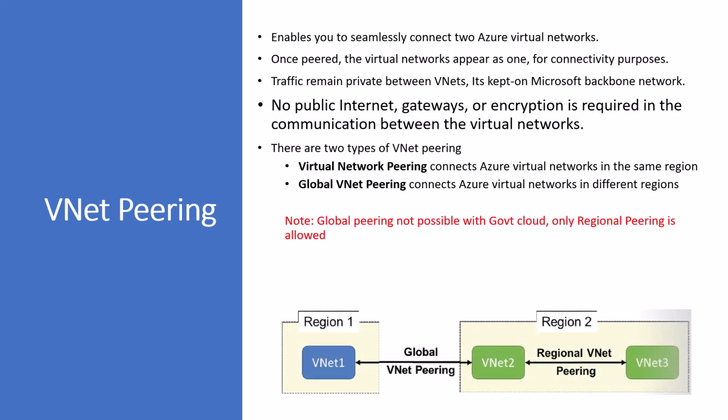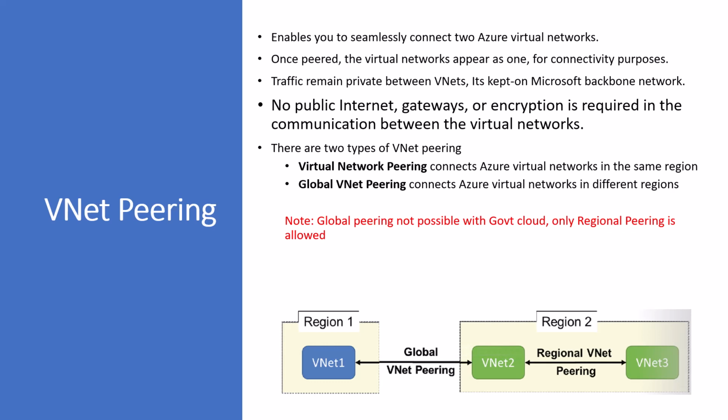One thing you need to remember is that global peering is not possible with a government cloud. Only regional peering is allowed. Other than the public cloud which we normally use, there are specific cloud offerings from the Azure platform which are used by different countries or government organizations. For those kinds of clouds, you cannot use global peering.